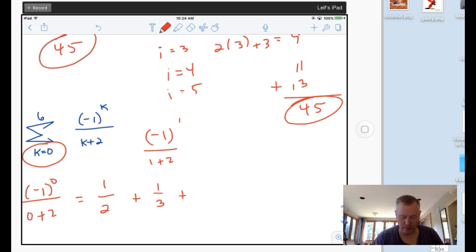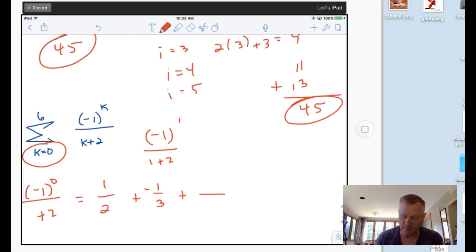The next one will give me negative. I made a slight mistake. That should have been negative 1/3 because the numerator will be negative. So the numerator is just 1 over and over again, and then you keep adding to the denominators. What's going on with this pattern? 0 plus 2, 0 plus 3, or 2 plus 3, 2 plus 1. I put that in the wrong spot.